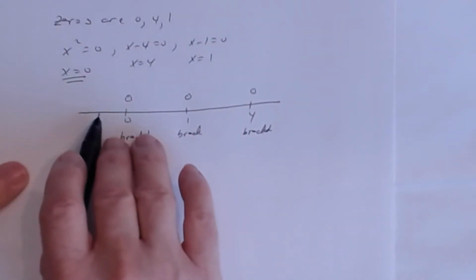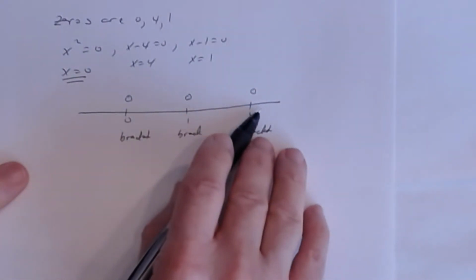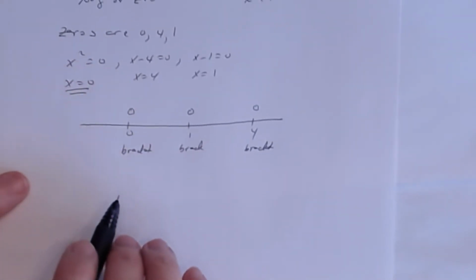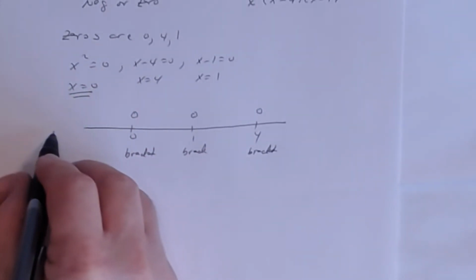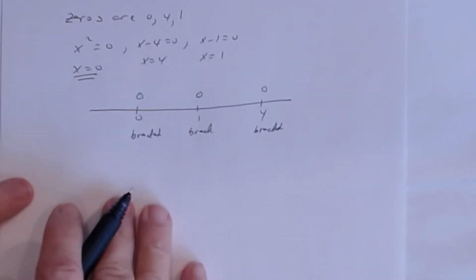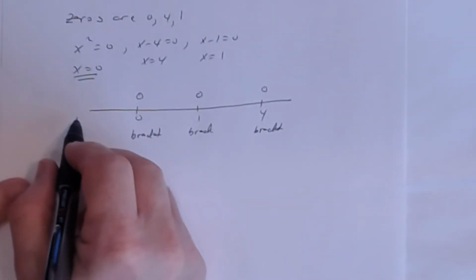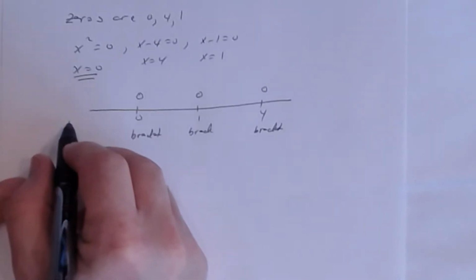These intervals will determine what the solution is. It's always easiest to use an integer as your test point. Sometimes you won't be able to, but if you can, it's the easiest number to use.